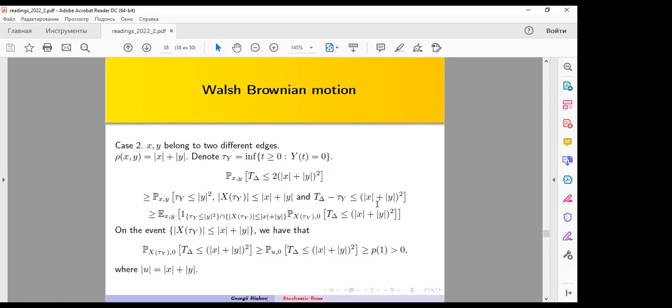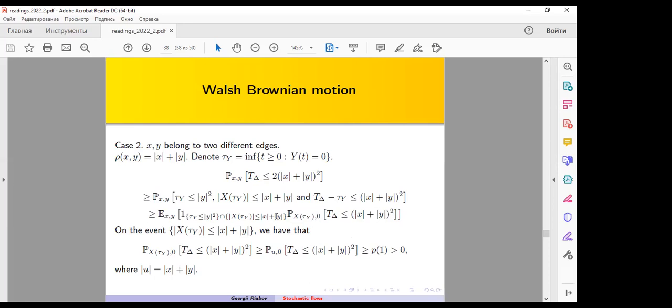Use the strong Markov property, and we know that on this event, when x is less than x plus y, the processes meet not slower than the process that started from a distance x plus y. Okay, and we get a uniform estimate from below.